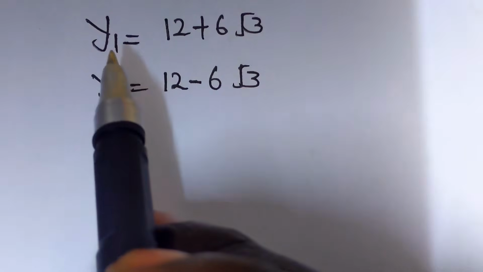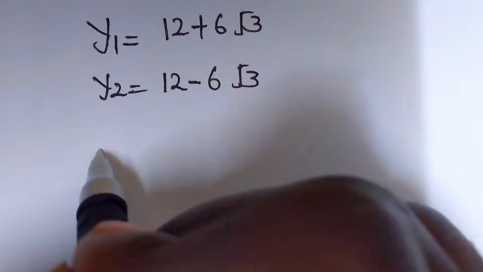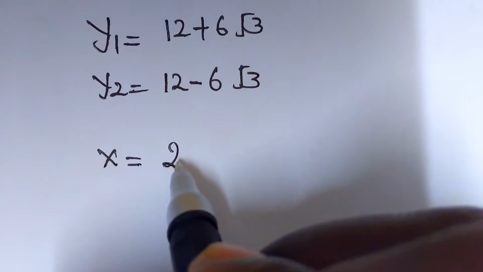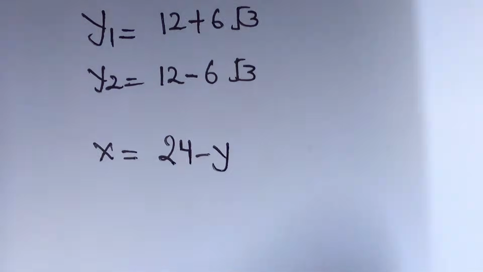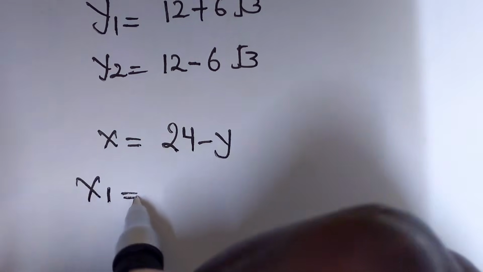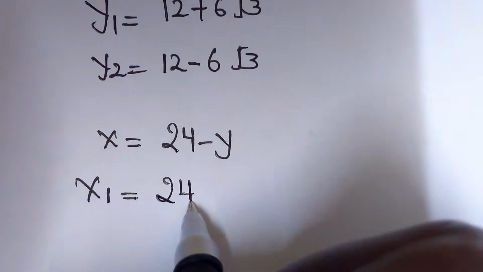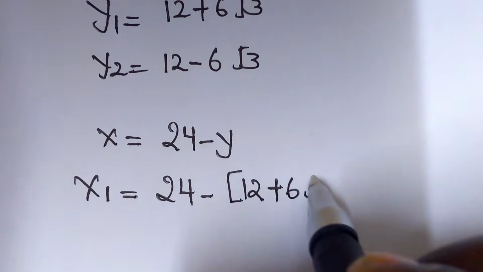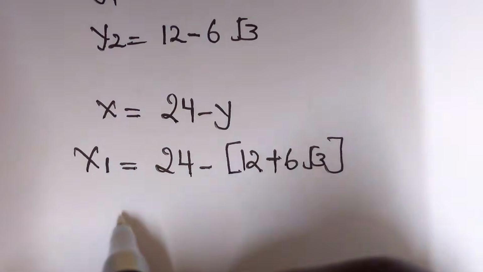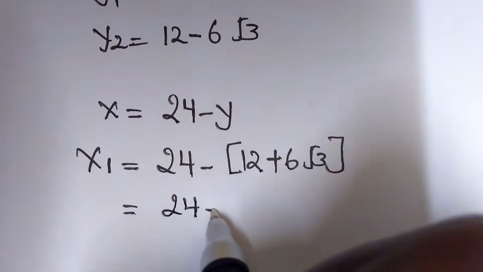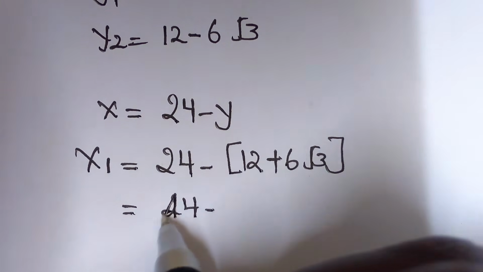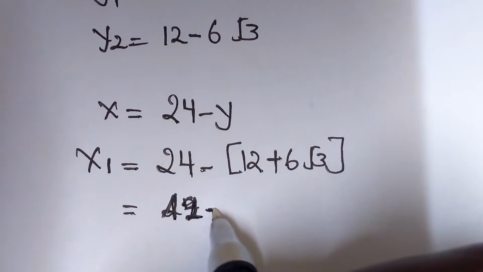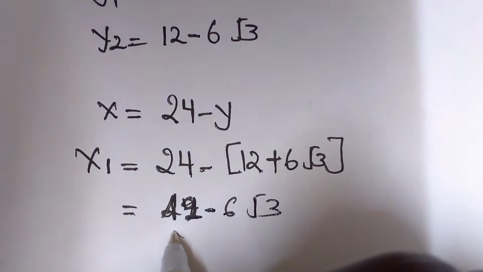These are the values of y1 and y2, and we know that x equals 24 minus y. So x1 is equal to 24 minus 12 plus 6 square root of 3, which is 24 minus 12, that is 12, then negative times 6 square root of 3, giving negative 6 square root of 3.